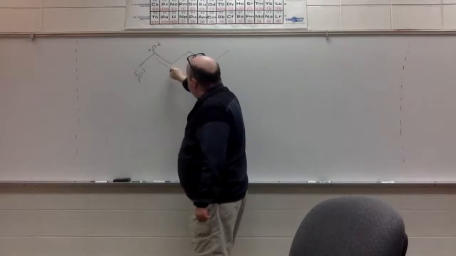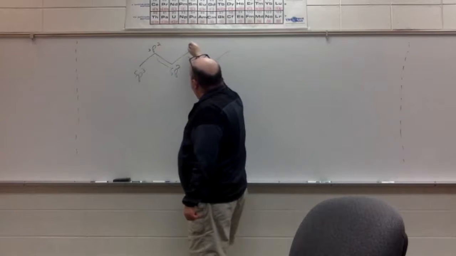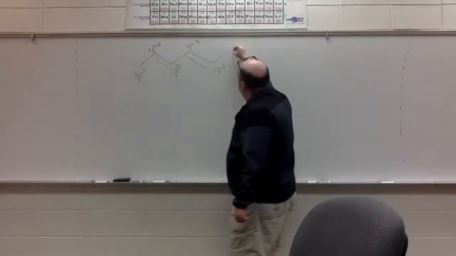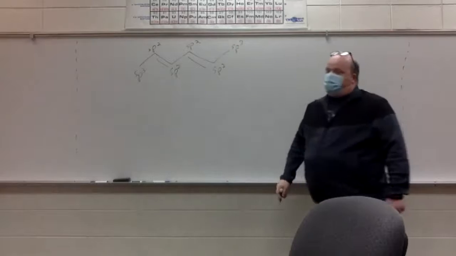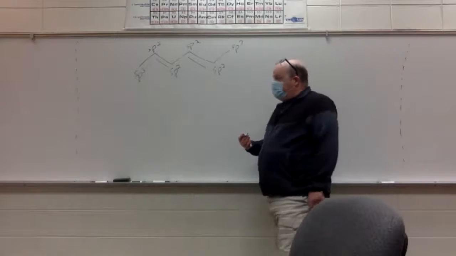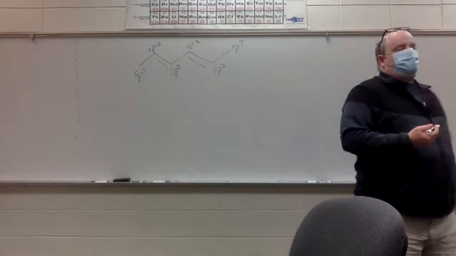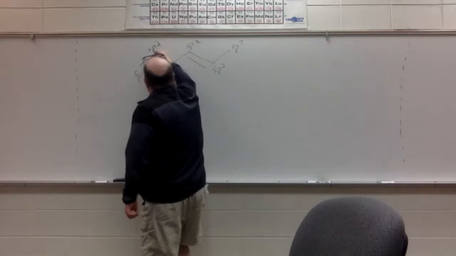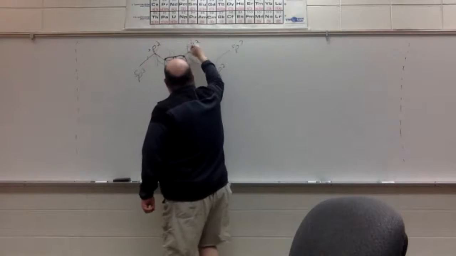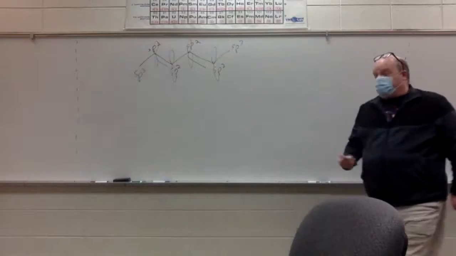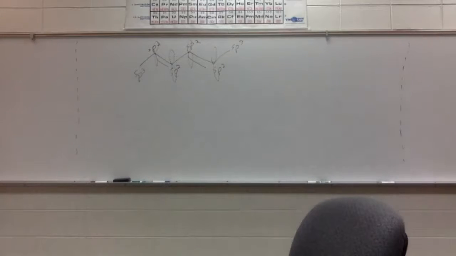That one's going to be sp2, sp2, sp2, sp2, sp3. If we're looking for available p orbitals, we said it's got to be either sp2 or sp hybridized. Well, we have 4 of them right over here in a row that have this, and the definition is that you got to have at least 3.